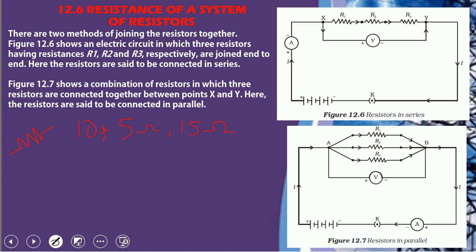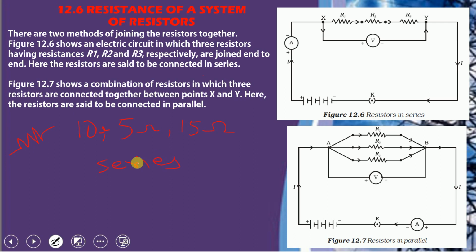Now there is a combination of resistors. Combination means we can connect them together. Resistances can be connected mainly in 2 ways. One is series.